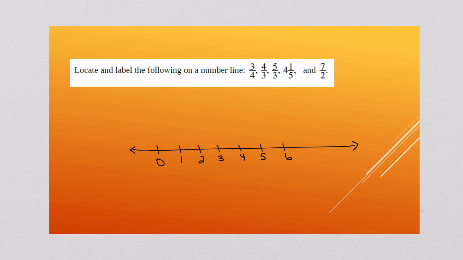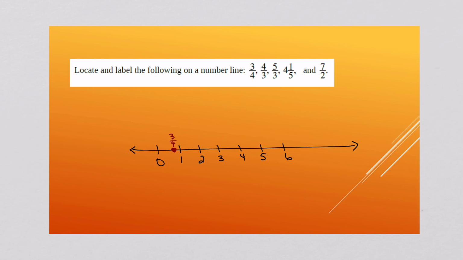Okay, this question says to locate and label the following on a number line. Okay, 3/4, that is not quite 1. So if I were to label that and locate it on the number line, it's almost a 1, but not quite. It's halfway between 1/2 and 1. So 3/4 would be approximately right there.